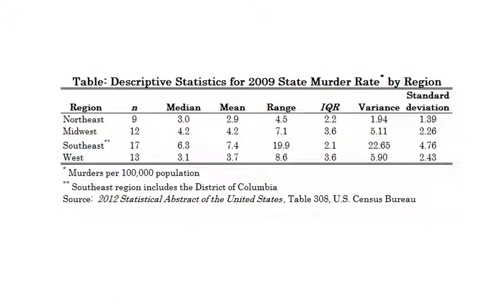But when we compare the mean and median, we notice something else. With the mean being substantially higher in the Southeast than its median, that suggests that the Southeast is skewed in a positive fashion. While the mean may not be the best measure of central tendency with the Southeast in this case, we'll notice that the means for the Northeast and Midwestern regions are virtually identical, which indicates that these 2 samples are likely very symmetric.